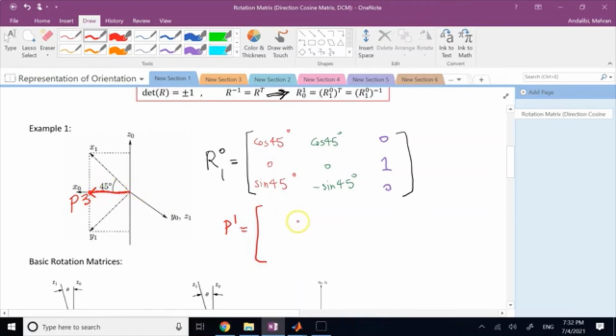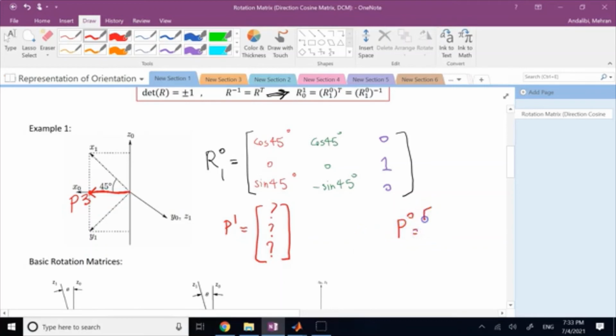Fine. Now, what's the coordinate of point P1 in this frame 1? Well, I can project them, or I can say that this is equal to, since I can easily find them in frame 0, right? If I say, what is the coordinate of point P in frame 0?